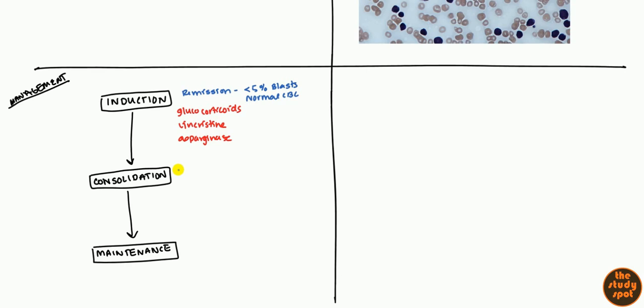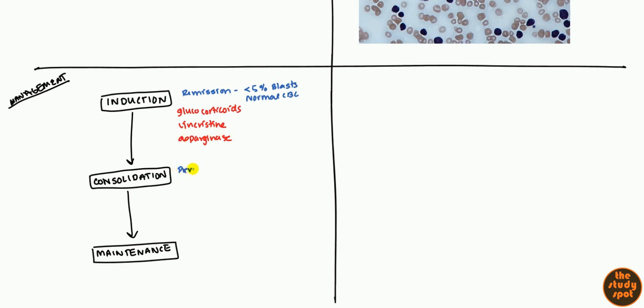Then what you try to do is called consolidation, where you try to get rid of maybe some of the cells that might have been resistant to these previous three drugs. And what they found was to do that, you have to use different drugs that the cells resistant to these three drugs will most likely not be resistant to.